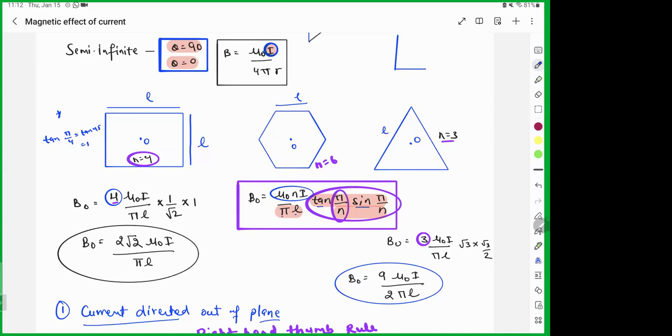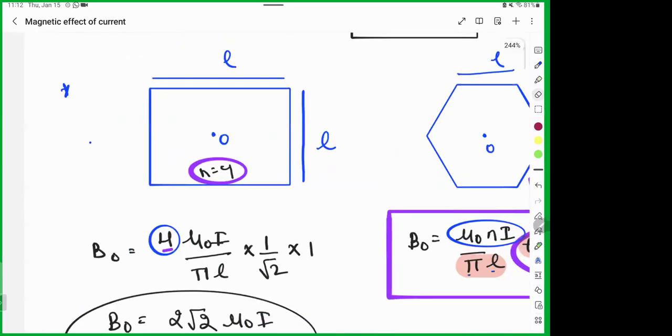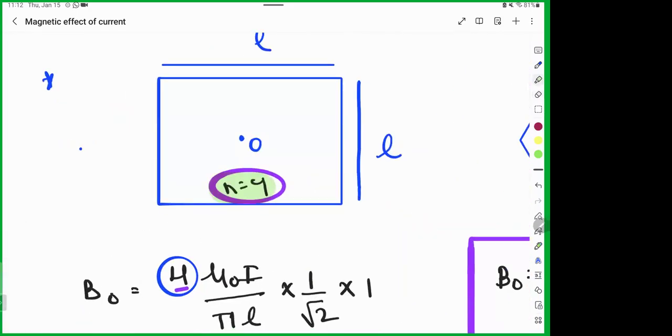See, if you just go through the formula, it will look difficult. But if you apply the formula, it will look easy. Example, in this rectangle, how many sides do you have? 4. So apply the formula. μ0 I upon π L is the common value. Now you have to consider the number of sides, 4.